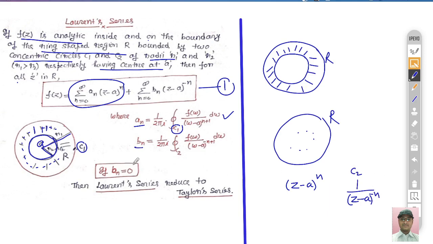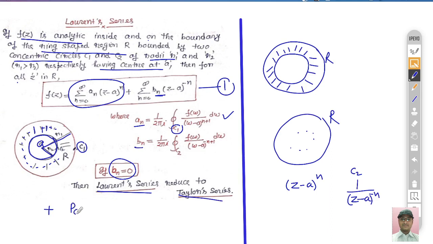Now what will happen if Bn is 0? You can see here, if this Bn becomes 0, this negative power part will be 0. In that case this Laurent series will reduce into what? Taylor series. You can see here, if this second term is 0, then it is only positive power, and hence we can say that it is only the Taylor series.